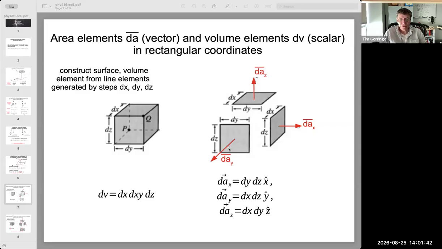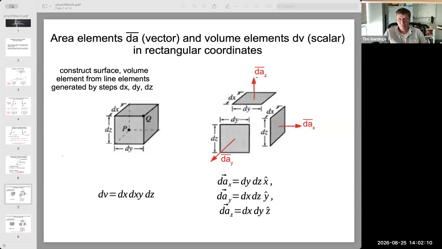If we want a surface element in rectangular coordinates, well, we can make surface elements that are at right angles to the x direction, the y direction, the z direction. Those surface elements I call dAx, dAy, and dAz.